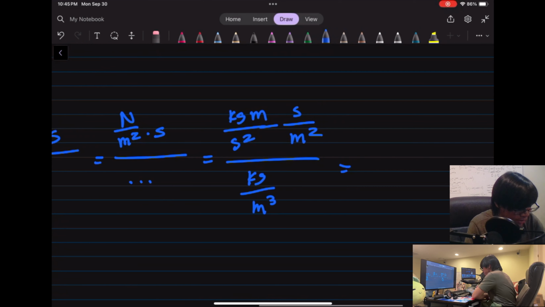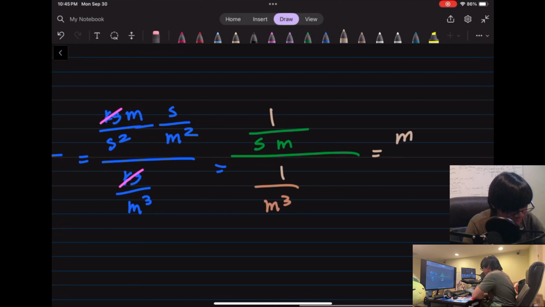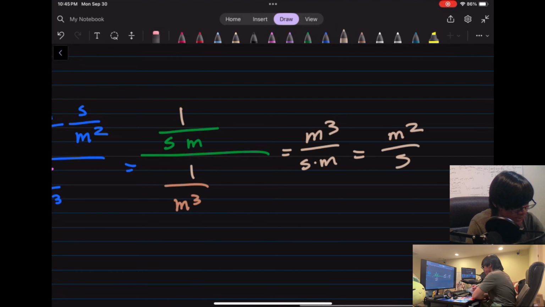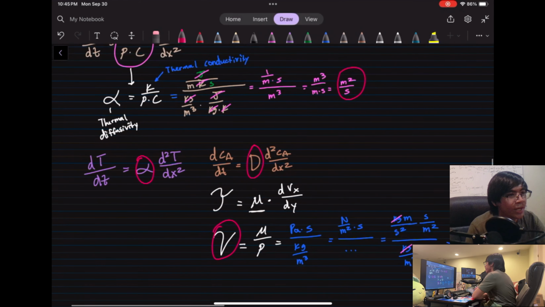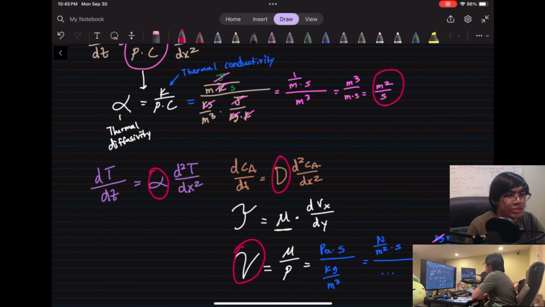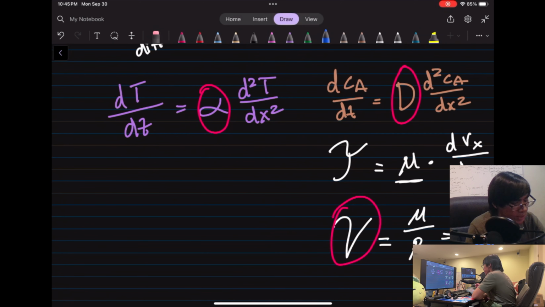So checking out our units here, kilogram cancels, and then you'll see what we end up getting is the same exact thing that we got before, again, meters squared per second. So the concept doesn't change. But that's a little relation from mass transport. You remember those? So what we're focused on is this equation here.